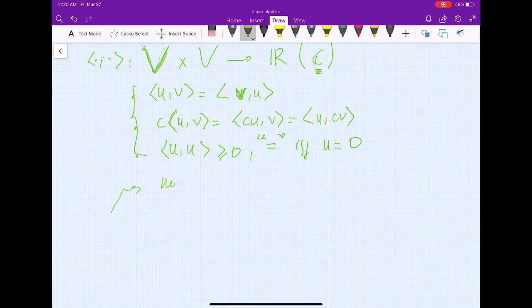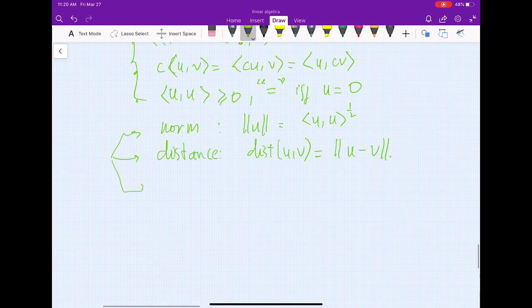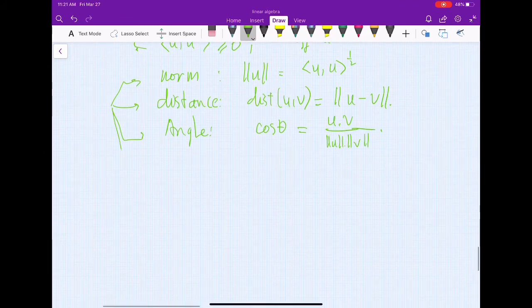So you have a norm: the norm of U is equal to the square root of the inner product of U with U. You have the distance between two vectors U and V, that is the norm of U minus V. You can determine the angle between them using the following formula: cosine theta equals the inner product divided by the norm of U, divided by the norm of V. And then you can determine orthogonality.